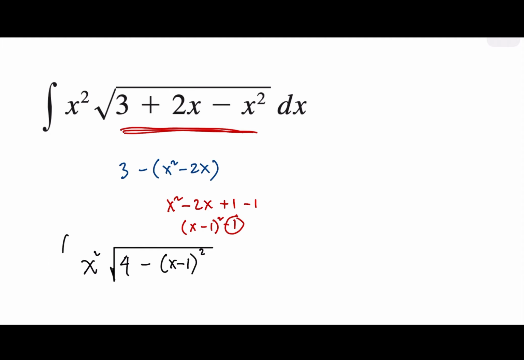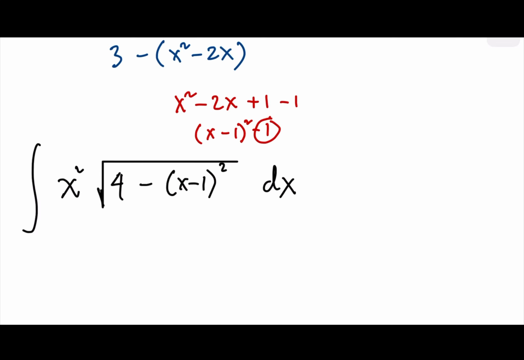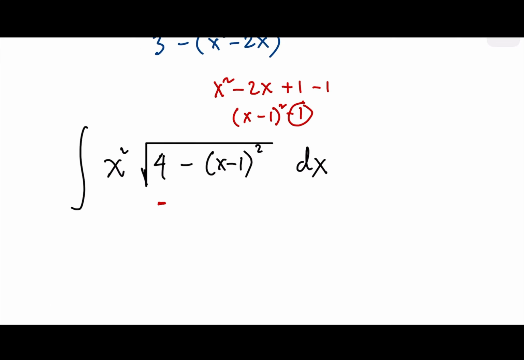This is x squared. These are the forms. Remember, you have a constant and you have a variable here. We can have that, or we can have this. You can choose which one you want.